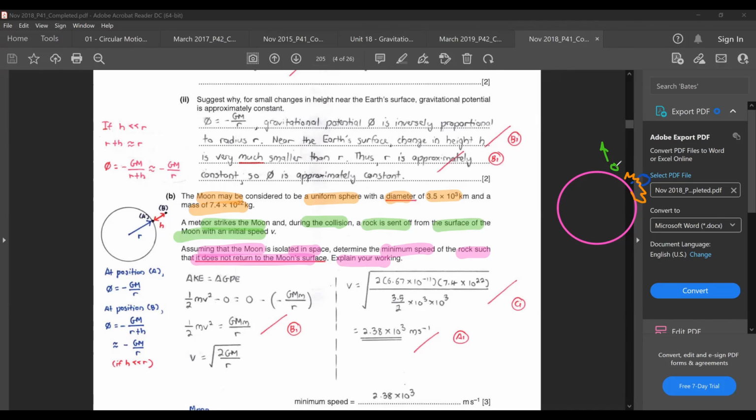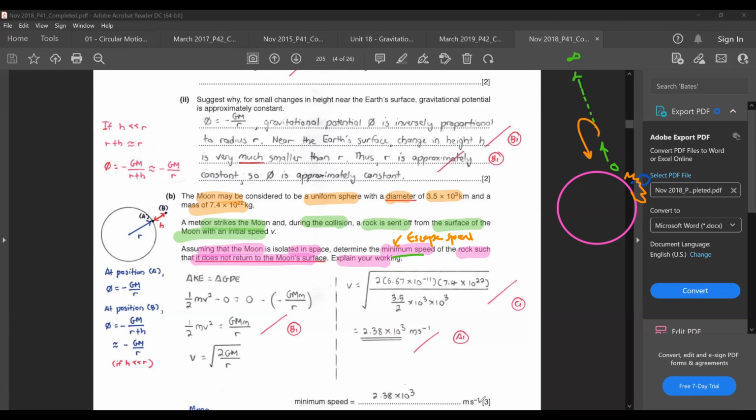Now they want you to find out the minimum speed of the rock so that this rock can just keep on flying off to infinity and not return back to the surface of the moon due to its gravitational pull. So this one is talking about escape speed. They want the escape speed here. Okay. So your goal here is to find out the escape speed.